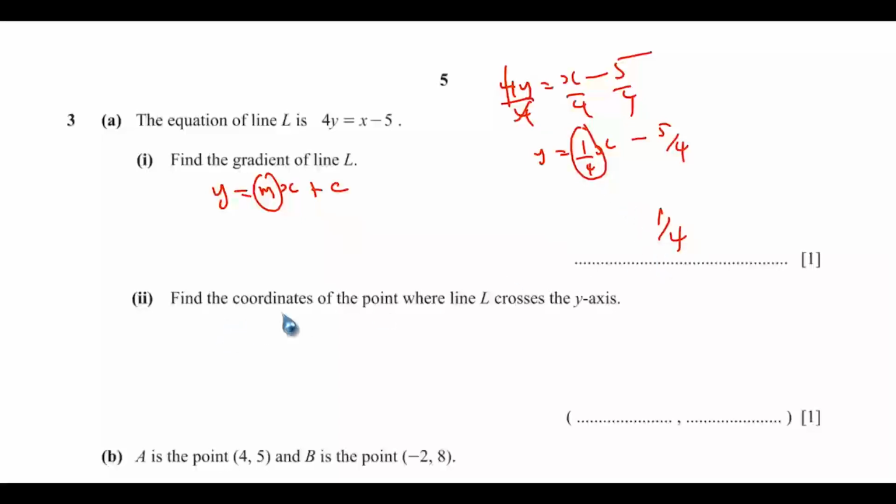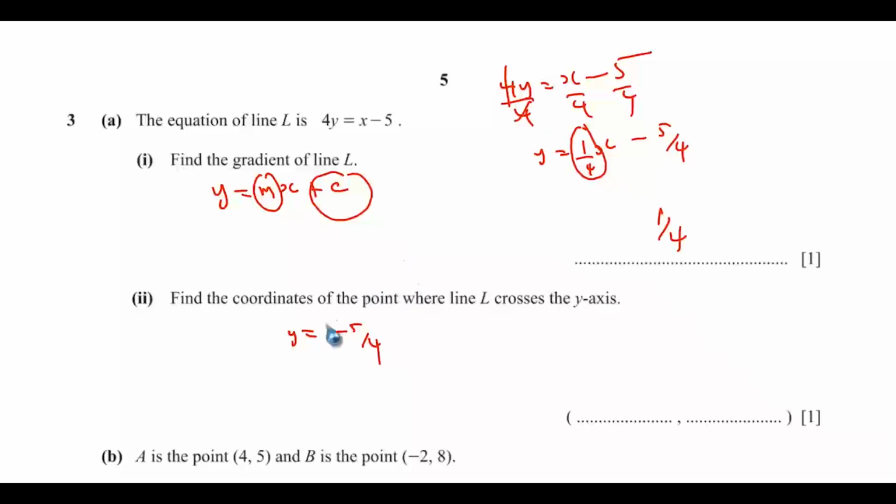Part 2, find the coordinates of the point where line L crosses the y-axis. Okay, so c is the point where the straight line touches the y-axis, and it is equal to minus 5 over 4. So that means the value of y is equal to minus 5 over 4.